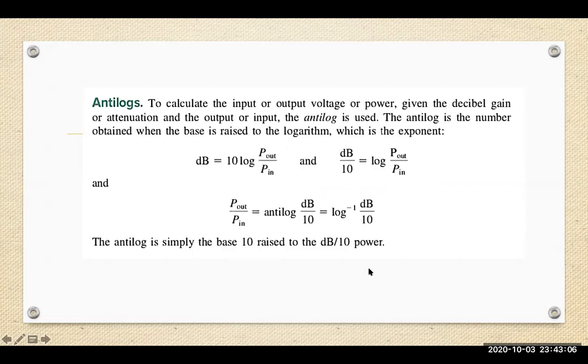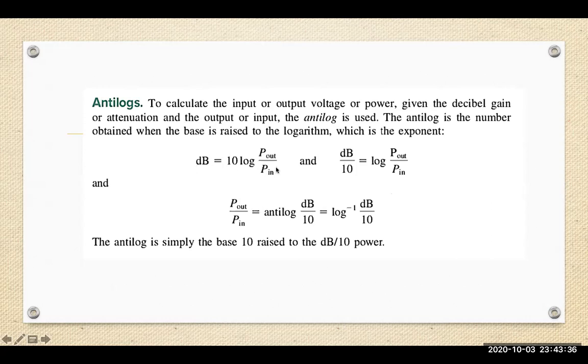Now for the antilogs, to calculate the input or output voltage or power given the decibel gain or attenuation and the output or input, the anti-log is used. The anti-log is the number obtained when the base is raised to the logarithm, which is the exponent. So if you are asked to solve for the power gain, the dB value is equal to 10 log of the ratio of the output over the input.